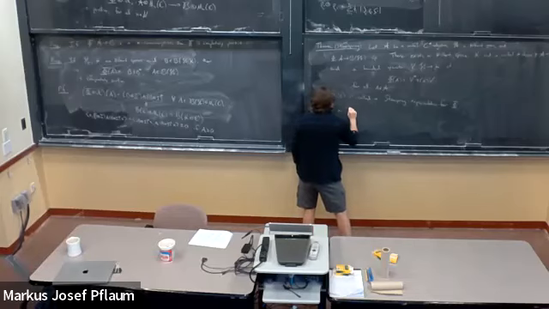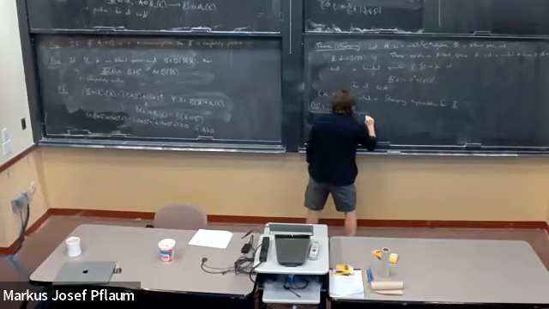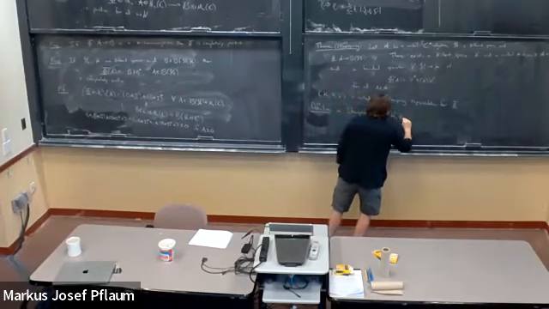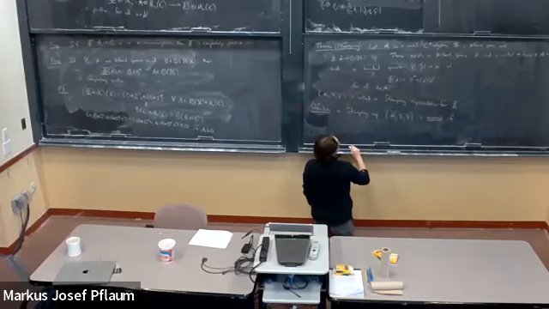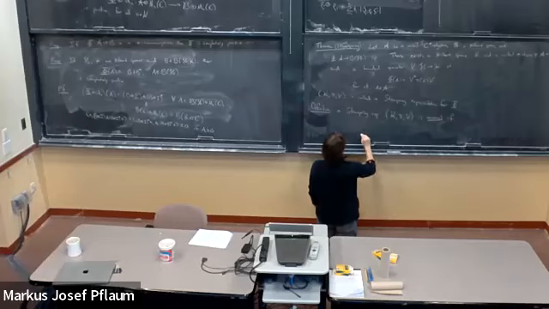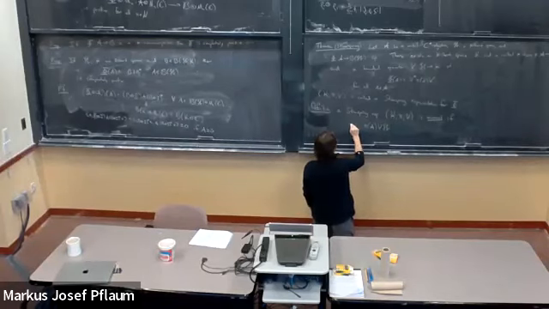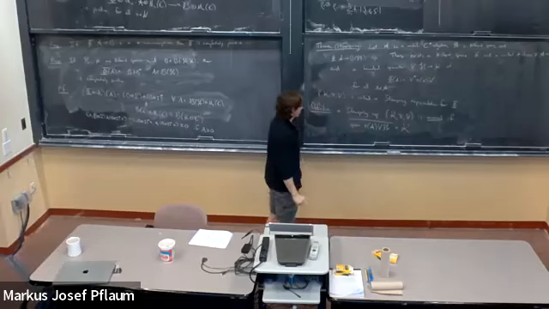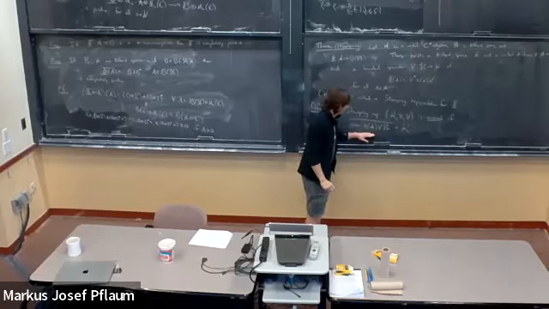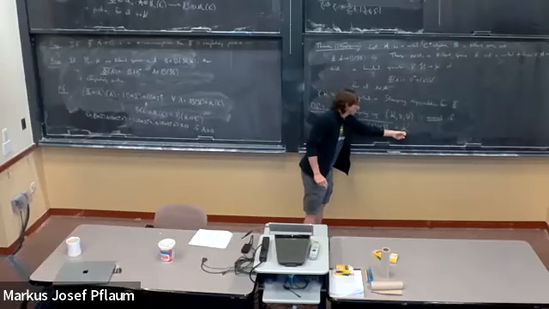So a Stinespring representation K, pi, V is minimal if the span of pi of A V H is all of K. Pi of A V H means the set of all elements of the form pi of A V applied to an element of H. This is called minimal because it means that K is not too big.